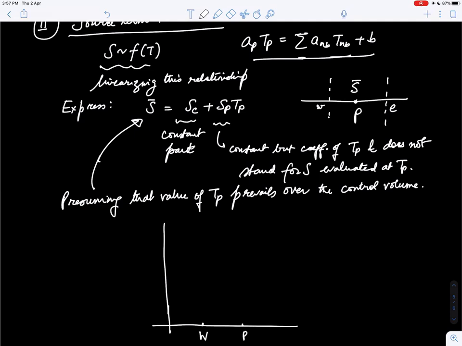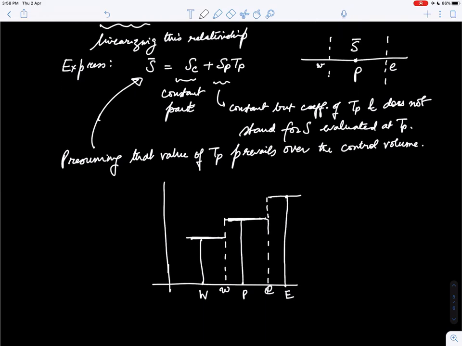So we have W, P, E. We assume that there is a temperature which varies, so at point W there is a temperature which is spread in the control volume, and let's say this is E, this is W. So we are taking a stepwise profile in calculating this.